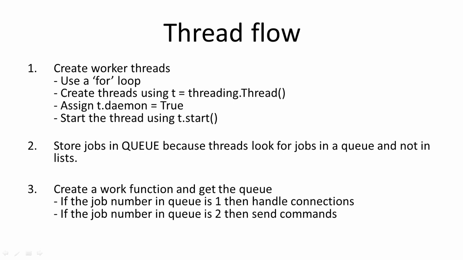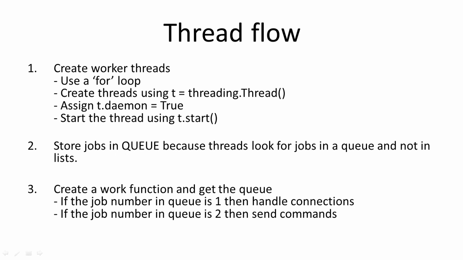Now let's discuss how we are going to be coding threads into our program. We will be creating three functions. The first function is actually going to create the worker threads. We will use a for loop to create both the threads quickly. Inside the for loop, we will create the threads using the threading.Thread function and store it in a variable t.